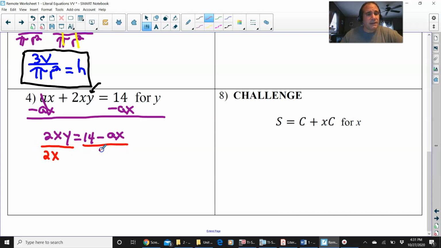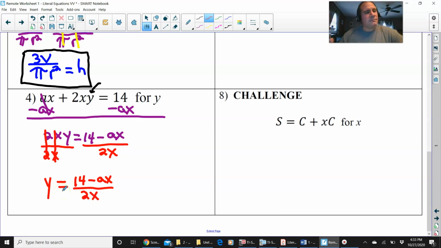And we're going to divide by that on both sides. This cancels the 2, both 2's, the x's. Y comes down. The equal sign, 14 minus a times x over 2x.